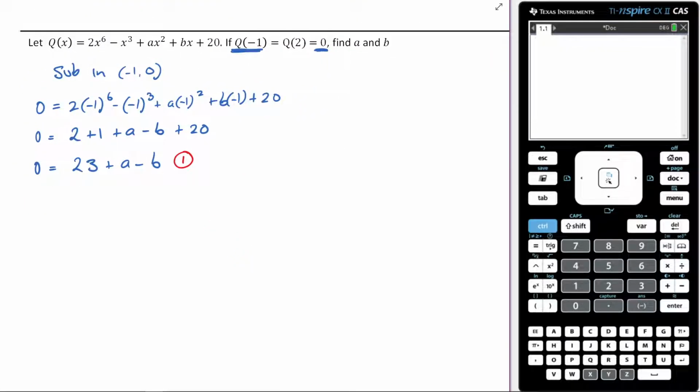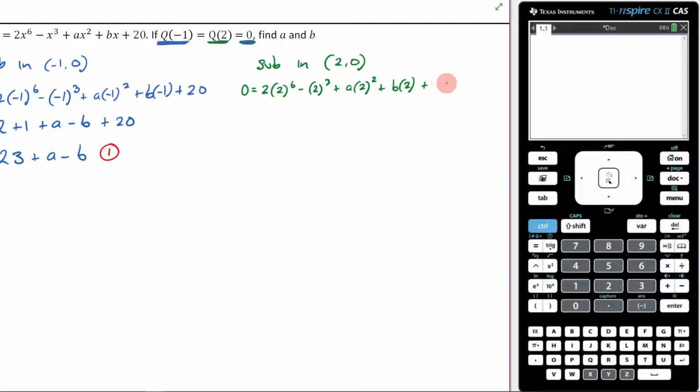We're then going to come over here and deal with our second one, which is q of 2. All right, so q of 2 is also equal to 0. So now I'm going to sub in 2 and 0. All right, so this is going to be 0 is equal to 2(2)^6 minus 2 cubed plus a(2)^2 plus b(2) plus 20.